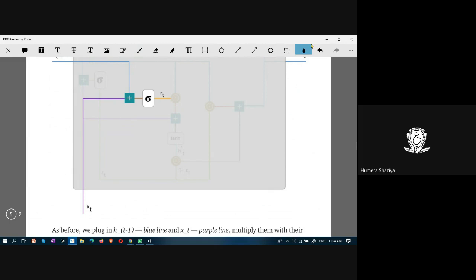From the update gate you are getting Z sub t here, that is the information that has to be passed forward. And here this one, RT, is the information that needs to be eliminated.